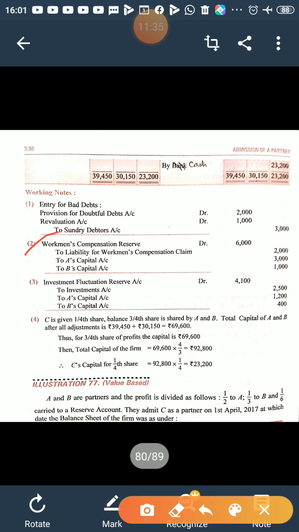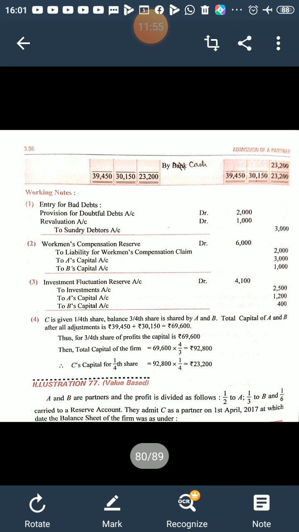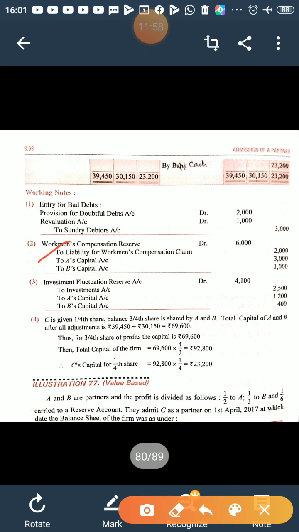Workmen compensation reserve 6,000: 2,000 we will transfer for creating a liability for workmen compensation claim, and the rest, 4,000, will be credited to old partners in their old ratio, that is 3:1. Now this liability will be shown in the balance sheet and capitals will be credited with 3,000 and 1,000.